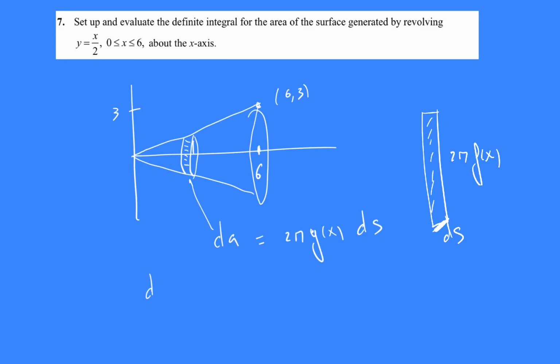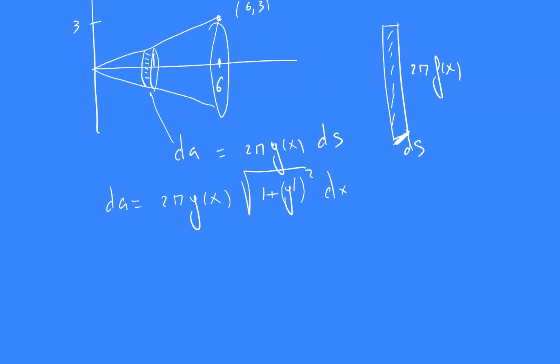The small area dA is 2 pi y of x times the square root of 1 plus y prime of x squared dx. This is the small area that we consider, so I have to find the total area.